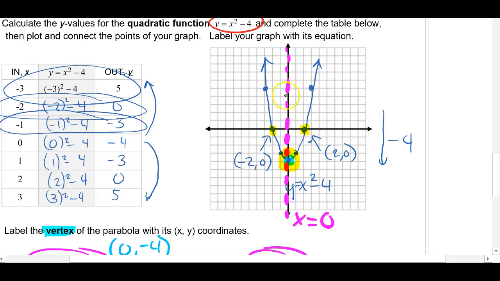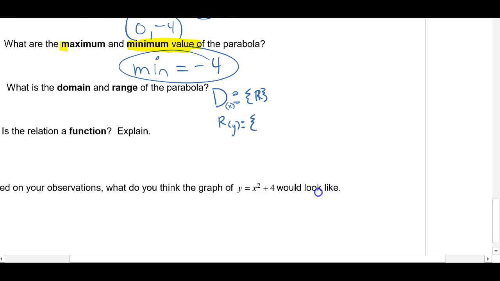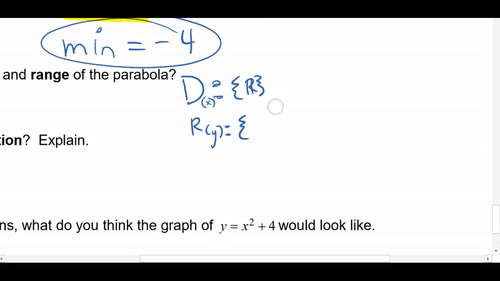And remember, range is y. So if it stops at a certain point, y can be greater than or equal to -4, because it's opening up, the graph is going up. That's the point where it stops.